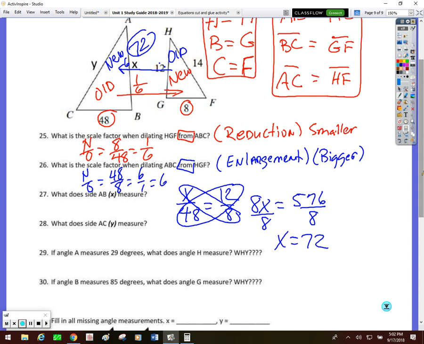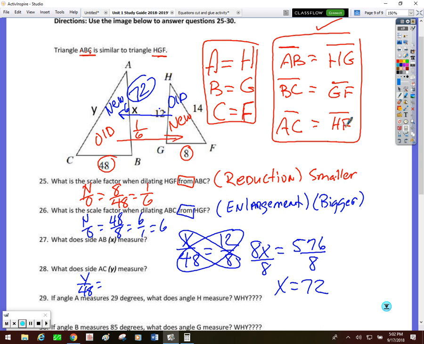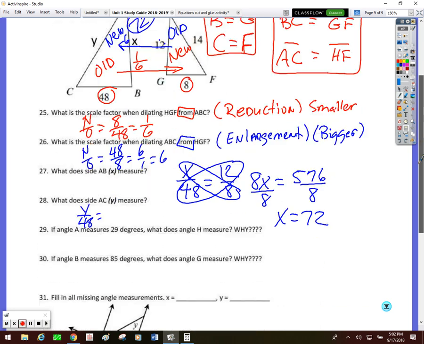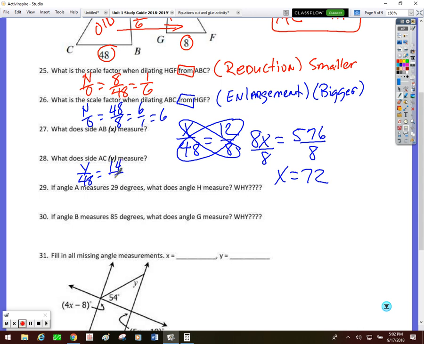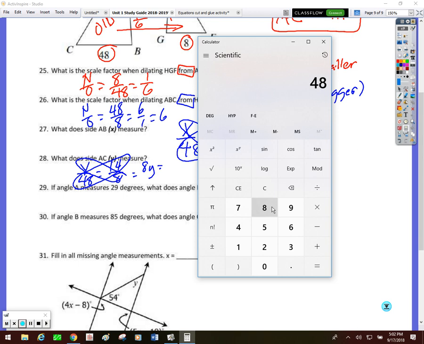All right, what if I want to find y? Well, let's just stick with that 48 since we know 8 goes with it. Well, y is on side AC, so if we do y over 48, we got AC over BC. So AC is HF over GF, which will be 14 over 8. Well, if I cross multiply, I have 8y, and then 48 times 14 is 672.